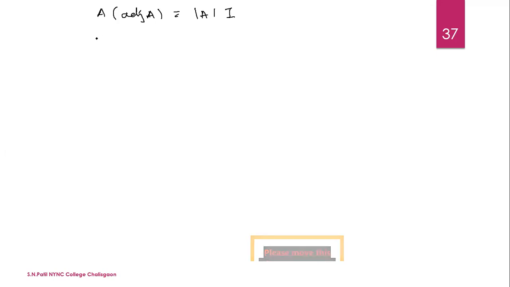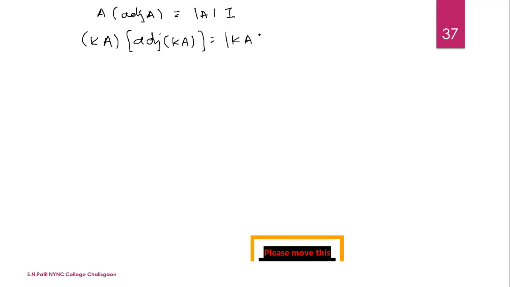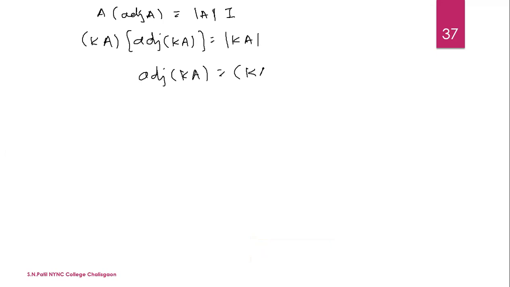Now we put K A in place of A, so K into A in bracket into adjoint of K into A is equal to determinant of K into A into identity. And A is non-singular, so adjoint of K into A is equal to K into A raised to minus 1 into determinant of K into A.